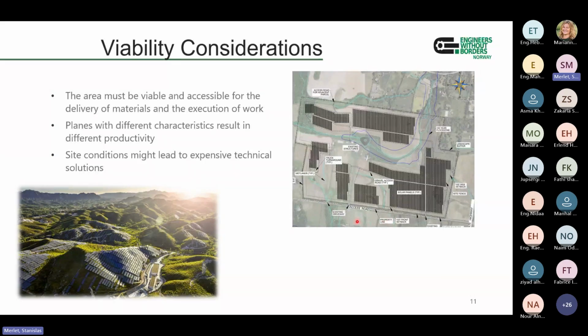All of these features take some space in your site. You might need to fence it, and you might need to have some kind of buffer between your fence and your site to avoid, I don't know, it can be anything, people throwing stones at your modules or stuff like that. So it's really a lot of considerations to take into account when you start doing the design.